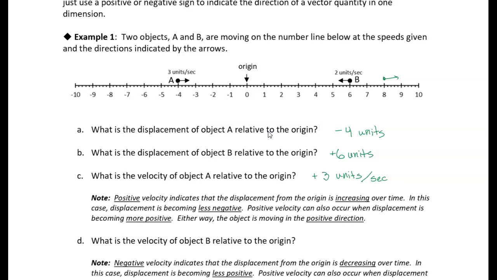Either way, it's moving in the positive direction. All right, so for this other example, we'll take point B. Point B is moving at a speed of 2 units per second, but it's moving in the negative direction. So we say that it has a velocity of -2 units per second.